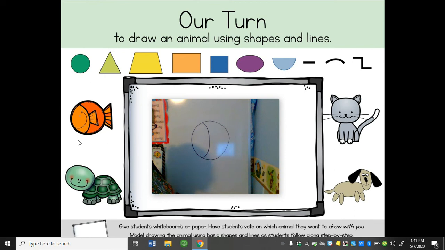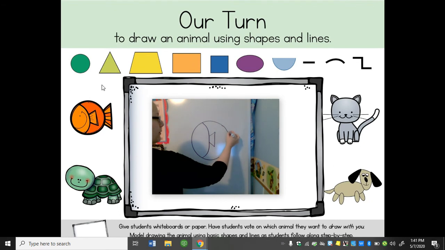Then it looks like its two fins are trapezoids, like this shape on its side. So let's draw two trapezoids. Ready? We're going to go up, down, up. And then we're going to go up, down, up.